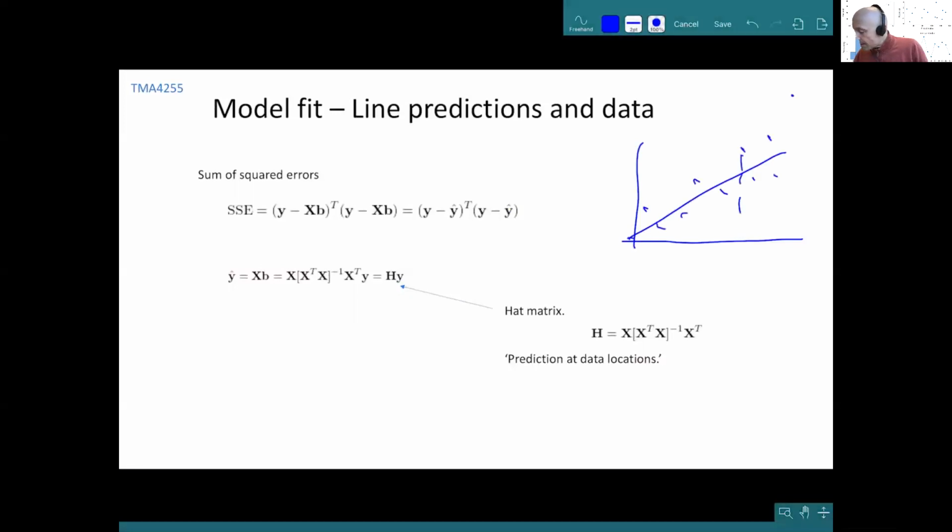So for this x, I now have this one, which is Y hat, and I have this one, which is Y. Let's call them yi and xi. By just plugging in for the regression parameter b, we can collect all the x into the matrix H, sometimes called the hat matrix.